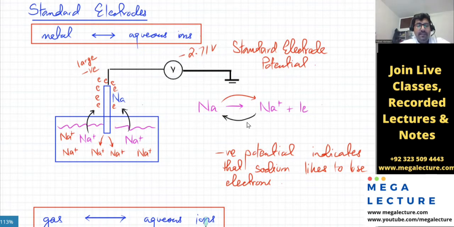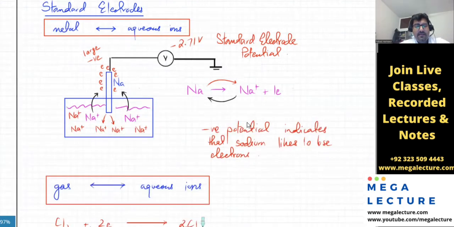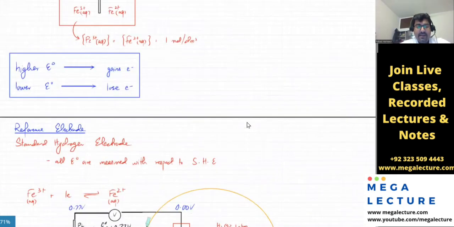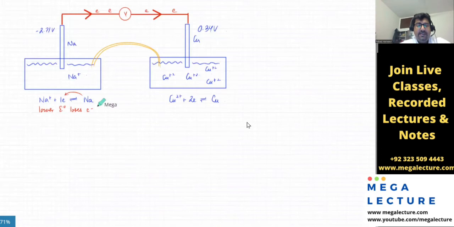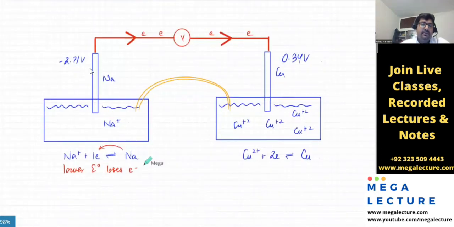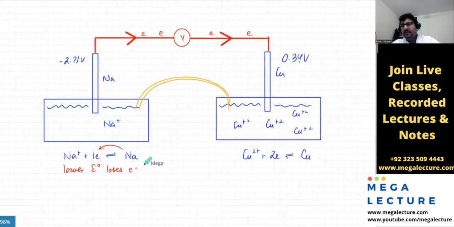So in that case, depending on the relative value, if it is the lower potential, then it is the one that's going to produce electrons. It's going to go in the backward direction. So what will happen over here? We can connect this with the equilibrium thing as well, Le Chatelier principle. Higher potential gains electrons, so all the electrons are getting attracted to it.